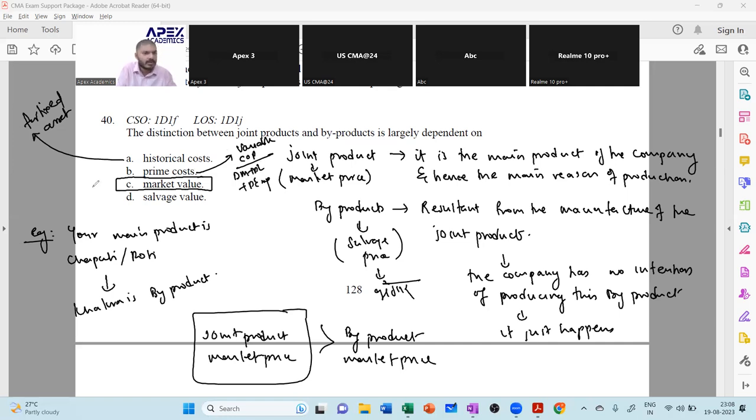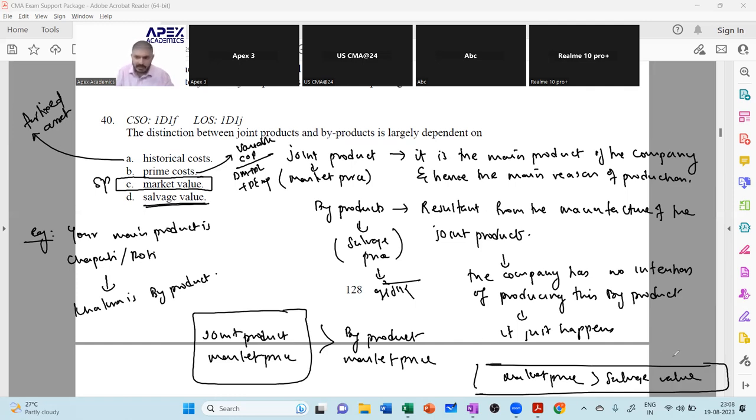That is prime cost. Market value is the actual selling price. Salvage value: anywhere you go in the world, market price is obviously greater than salvage value. Everybody knows this. And why? Because salvage value is bhangar. It is scrap. Salvage value means scrap value. Keep that in mind.